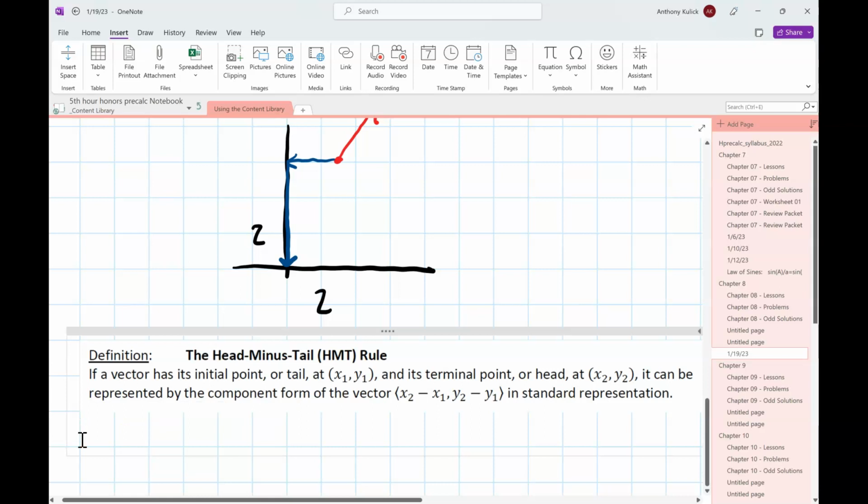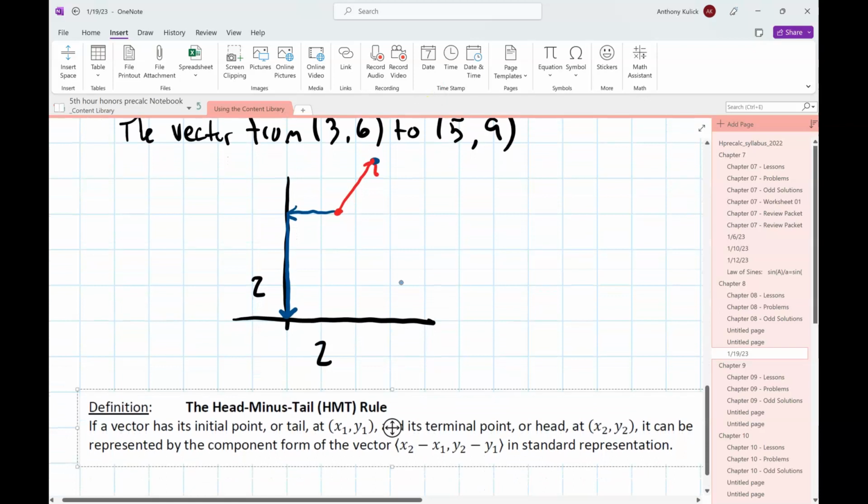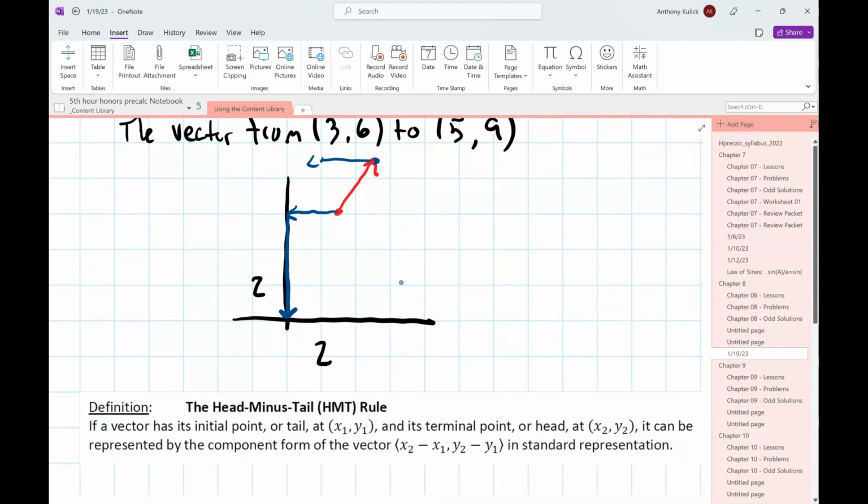So we say if we have some vector that has the initial point at (x1, y1), that's the tail of our vector, and the terminal point at (x2, y2), to convert it to component form, we just do x2 minus x1, comma, y2 minus y1, which is exactly what we would have been doing here. We would subtract 3 to move it over, and then subtract 6 to move it down, right?